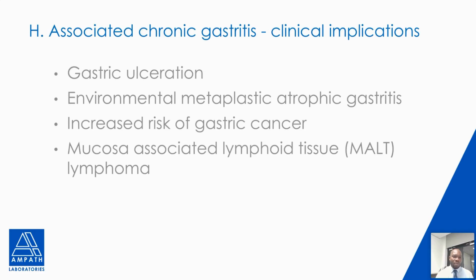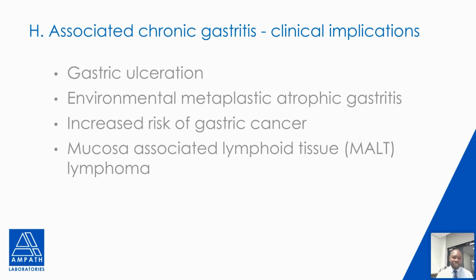So why is it important to make this particular diagnosis, and what should we look out for in terms of clinical implications? If we are not making this diagnosis, the disease process may continue, it may lead to ulceration, or it may progress to atrophic gastritis. In this context, it's referred to as H. pylori-associated atrophic gastritis, also referred to as environmental metaplastic atrophic gastritis.